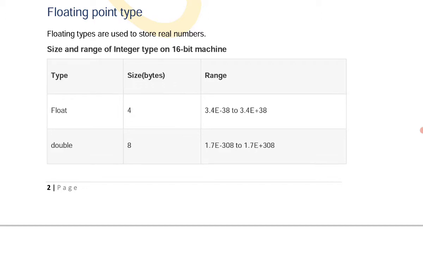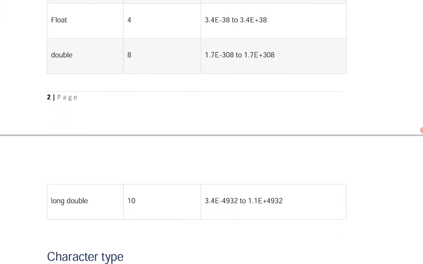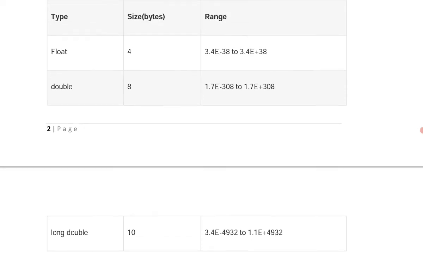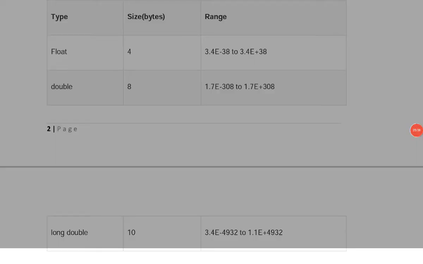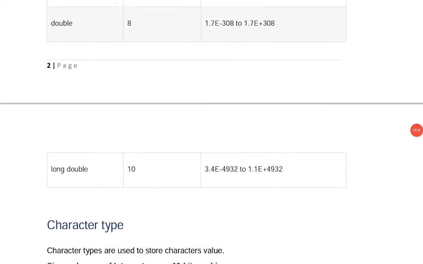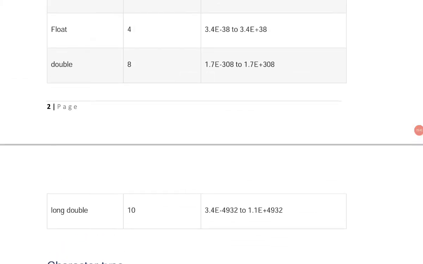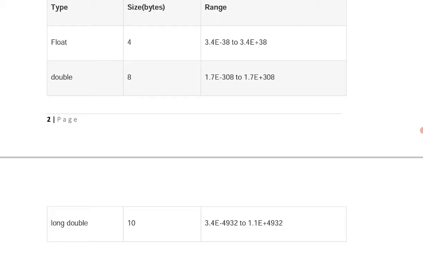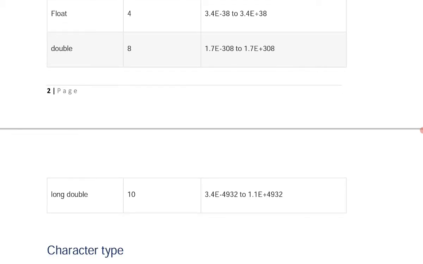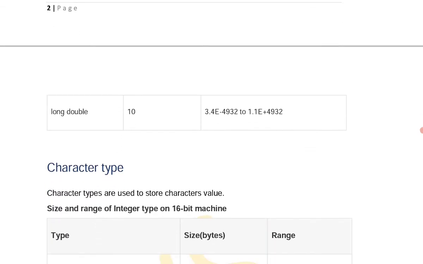Second one is double, double means long float, size is 8 bytes, and long double occupies 10 bytes. Long double means again double the size of the double data type.